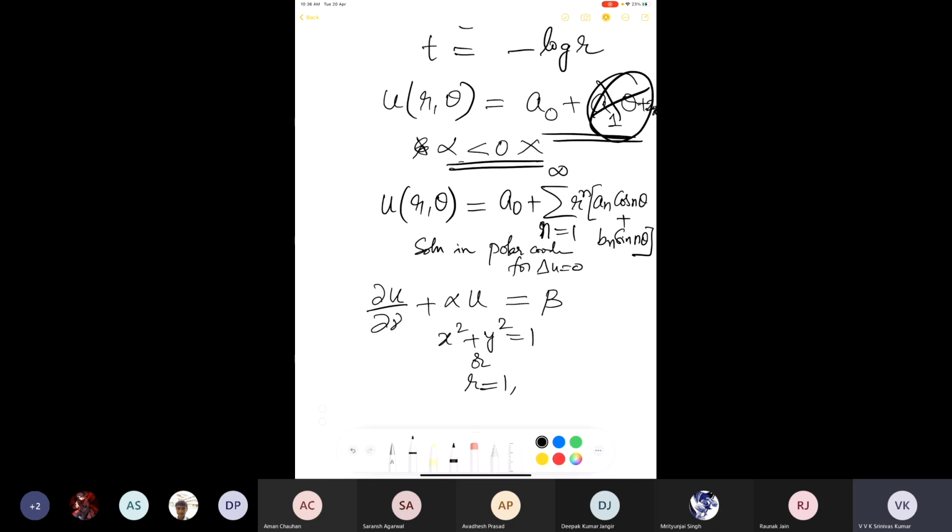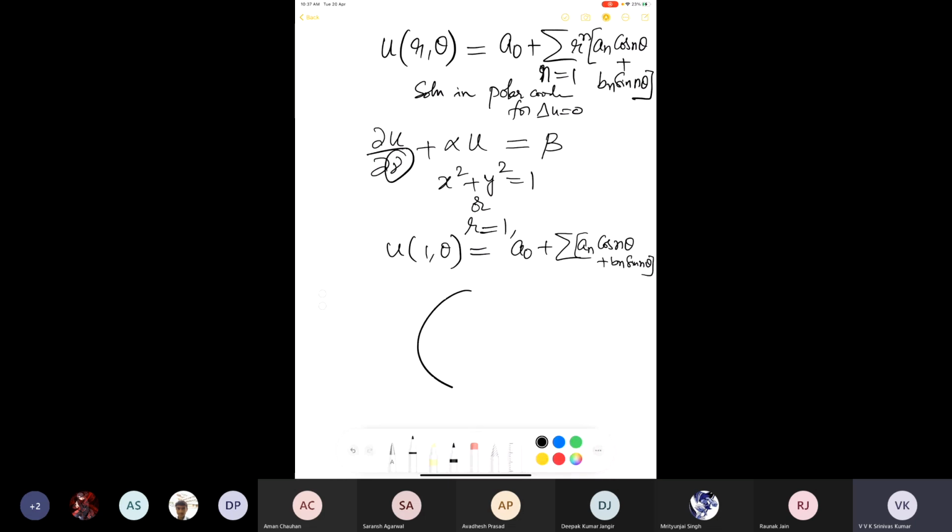So substitute in u(1, theta). U(1, theta) is a naught plus summation an cos n theta plus bn sin n theta, when r is equal to 1. And also we have the normal derivative. The normal derivative is in the radial direction only. The outward normal derivative will be the radial direction.